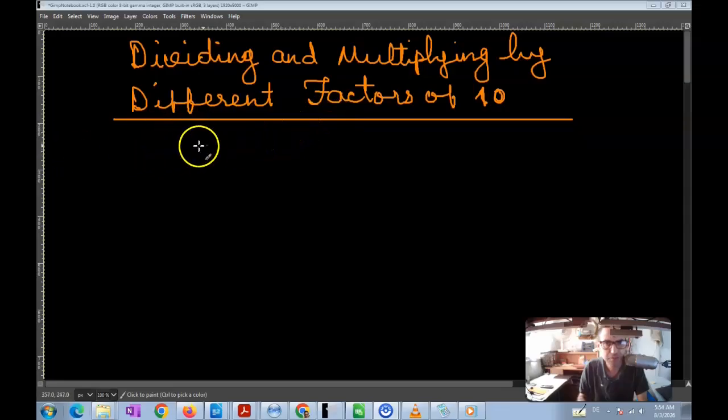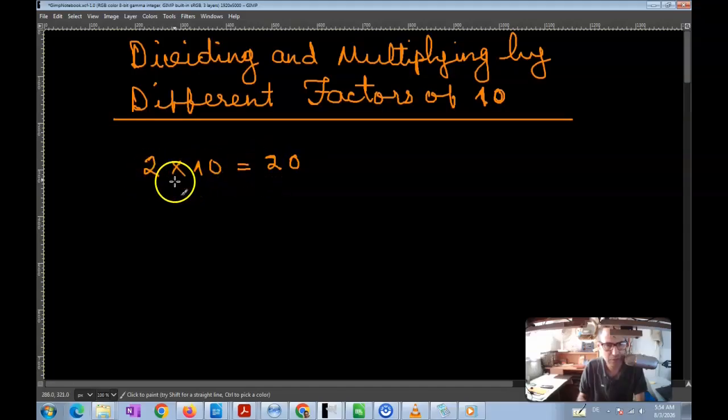So first, let's talk a little bit about multiplication. What happens when you multiply something by a factor of 10? For example, suppose you have a 2 and you multiply it by 10. You know that 2 times 10 is equal to 20, right?